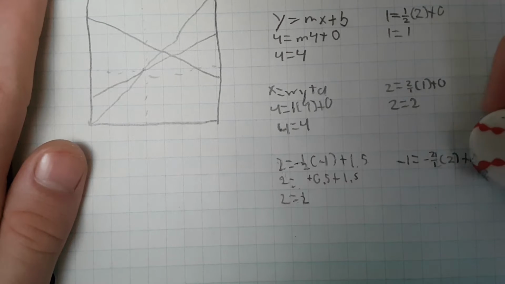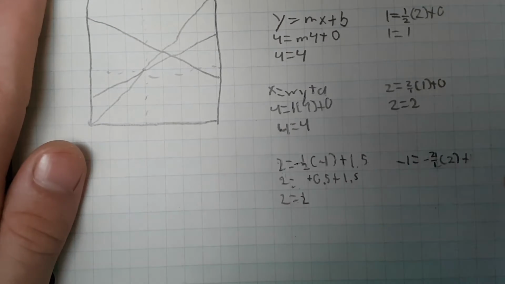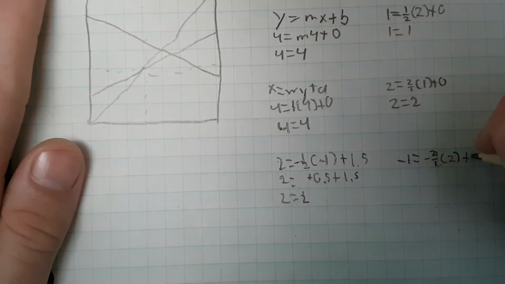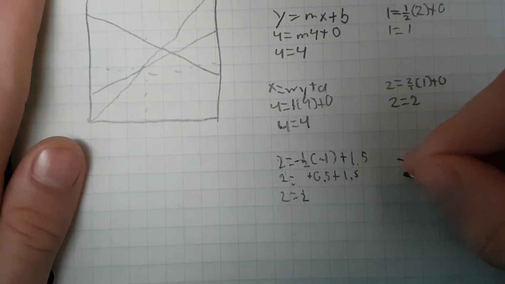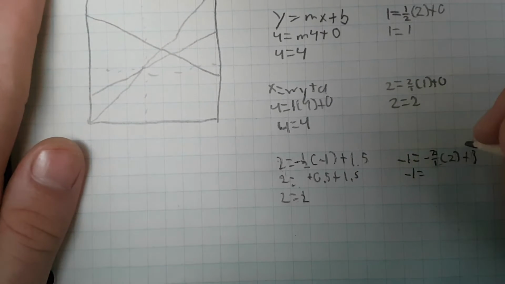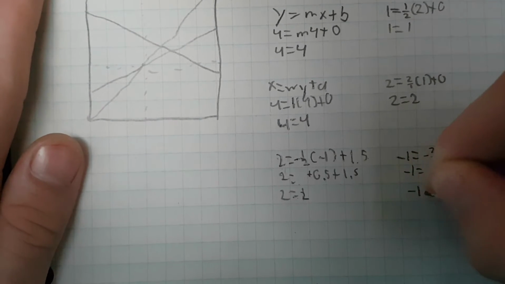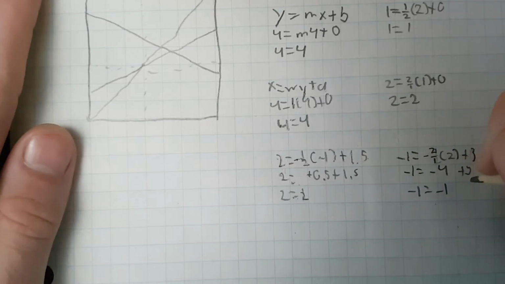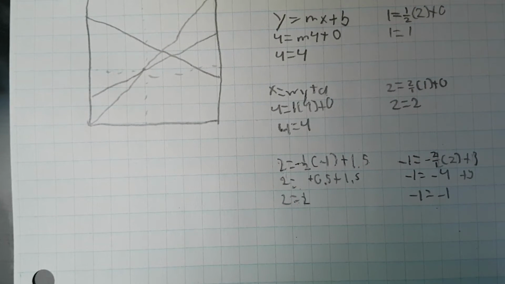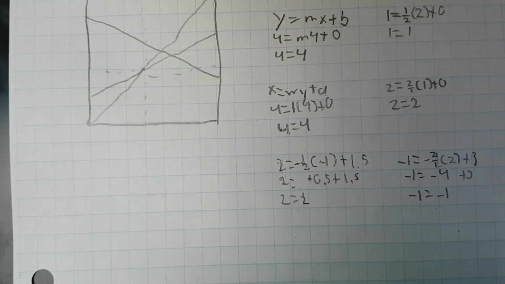No, we got a different intercept now. Plus 3. So that's just negative 2 times 2 is negative 4. Plus 3. Negative 1 equals negative 1. Okay, so it does seem to work. I'm just pretty sure I'm doing something... Am I doing something wrong?